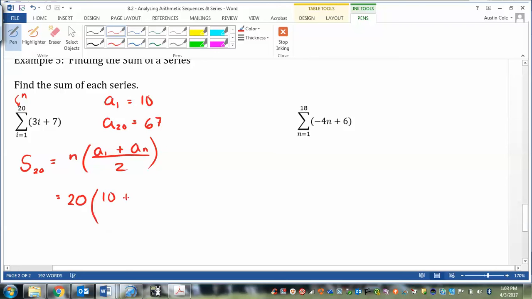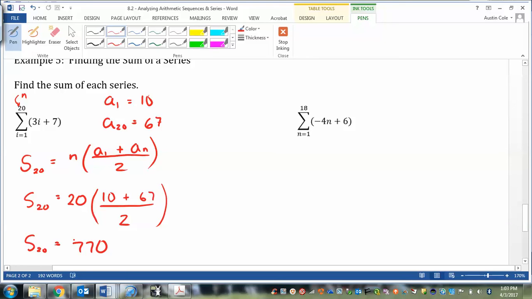The last term in the sequence is 67. I'm going to divide that by 2. So S sub 20, the sum of the first 20 terms of this series, is that right there. We can do math. 10 plus 67 is 77. 77 divided by 2, whatever that is, times 20. 770.